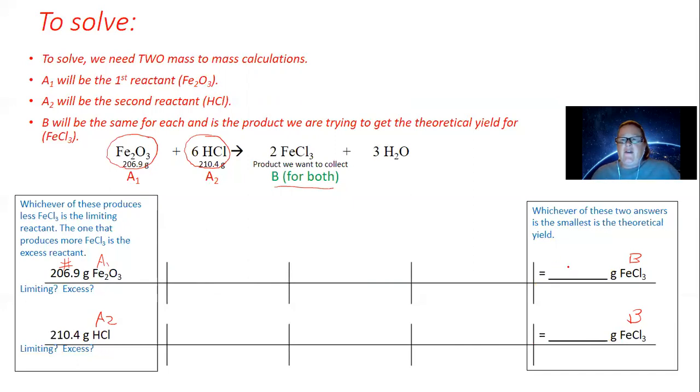Theoretically, I'm going to say that this ends up being 10 grams of iron chloride, and this ends up being 13. Then this would be my theoretical yield, this would be my limiting reactant, and this would be my excess reactant. Again, I don't remember what this ends up being, but we'll find out on the next slide when we go through the problem.